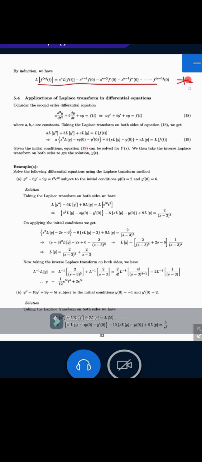By using this induction, for instance, if n is equal to 2, then we know that we are referring to f double prime.